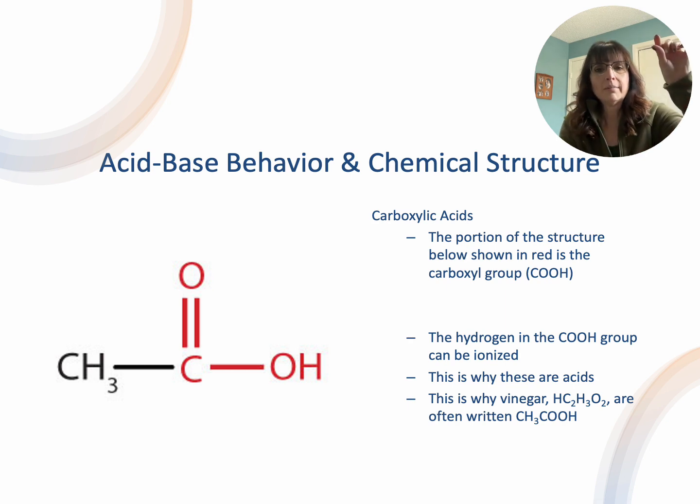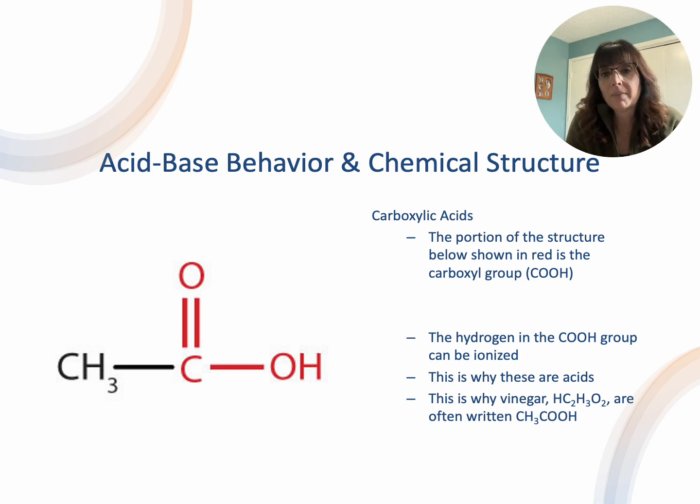That double bonded O is pulling all those electrons away, and that H becomes very, very positive, and it's that H that becomes the acidic H. This is why vinegar is often written as CH3COOH, because you have CH3, and then that COOH group is just how you write it.